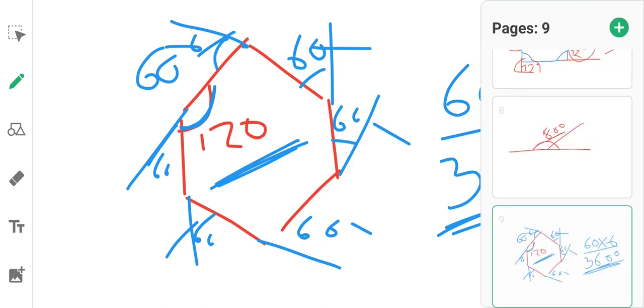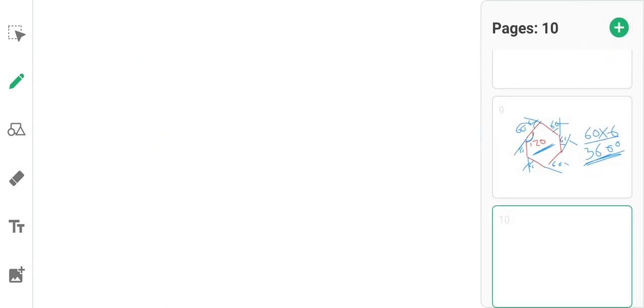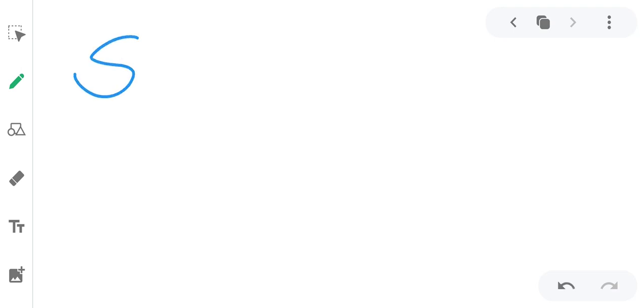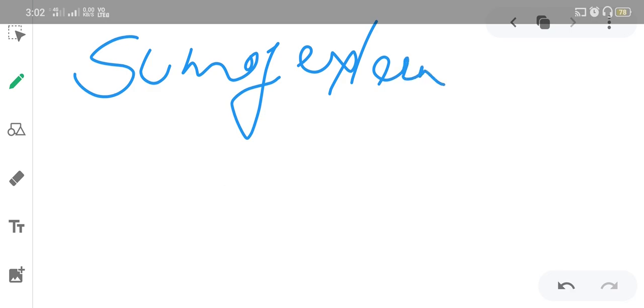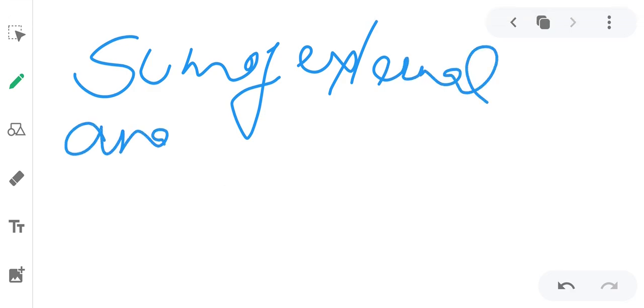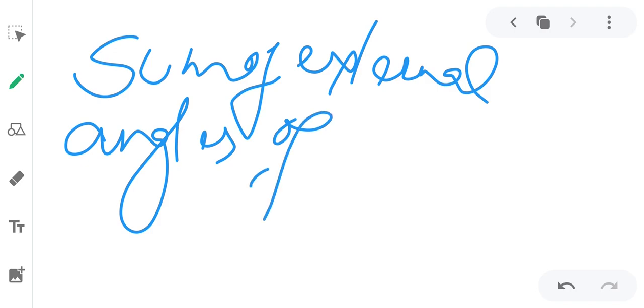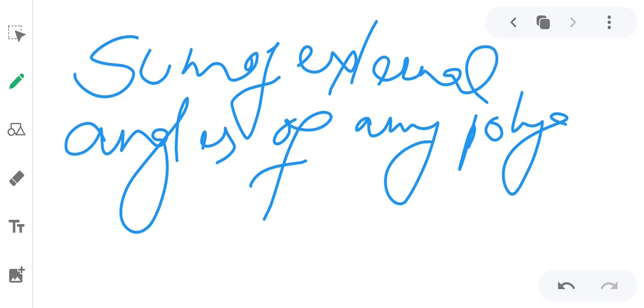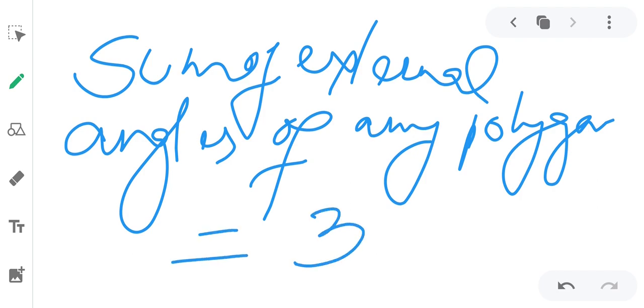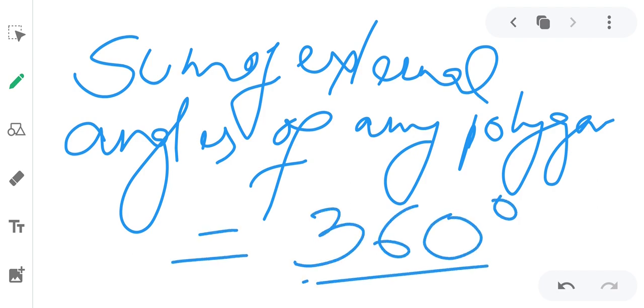So the point is: the sum of external angles of any polygon, be it a quadrilateral, a pentagon, a hexagon, or a polygon of any number of sides, is equal to 360 degrees. So you have to remember this.